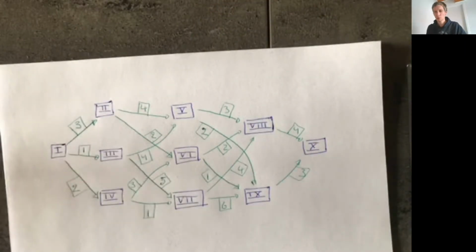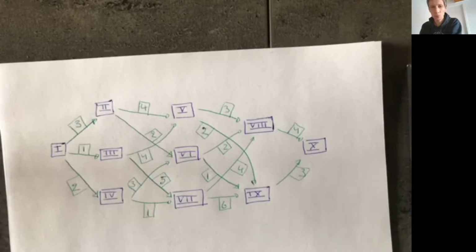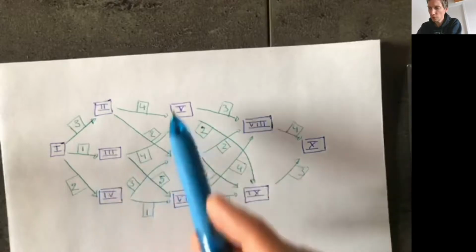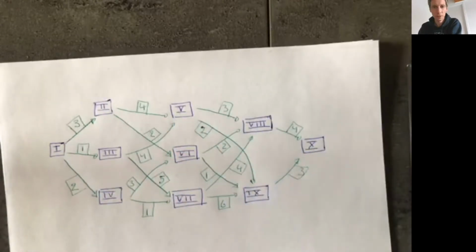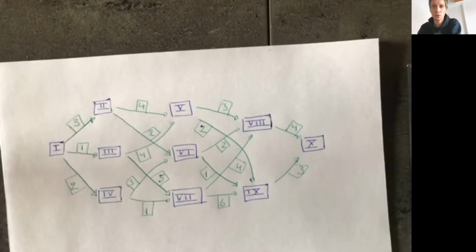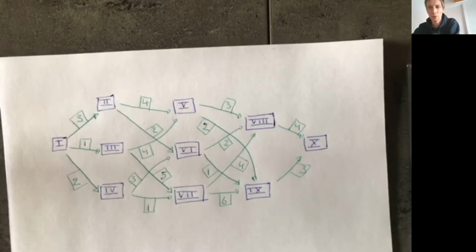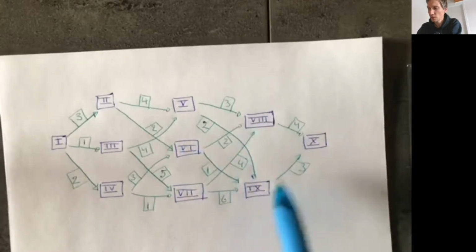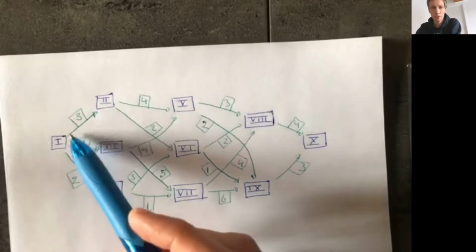So here I have drawn, it looks a bit complicated, but it's actually quite a simple network. So what do we have in this network? Here we have nodes 1, 2, 3, 4, 5, 6, 7, 8, 9, 10. You can think of these as nodes in a network, for example, a network between cities. And cities are linked to each other by, let's say, roads.